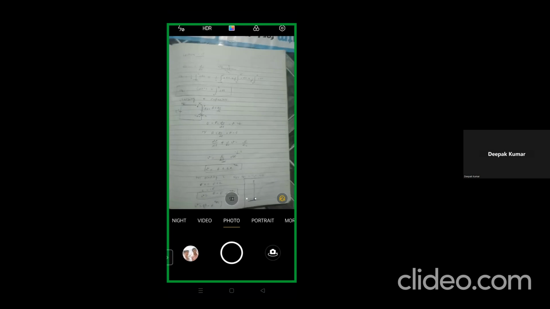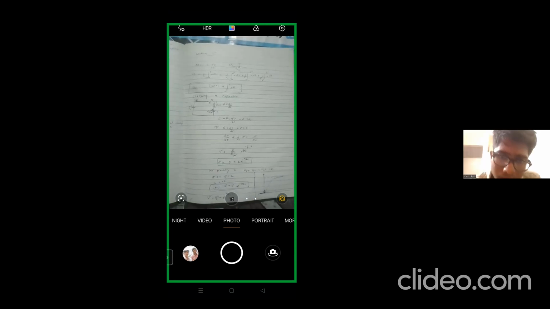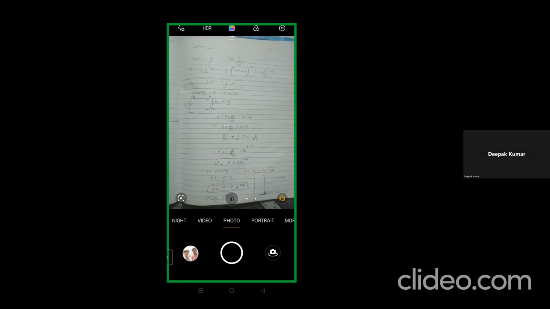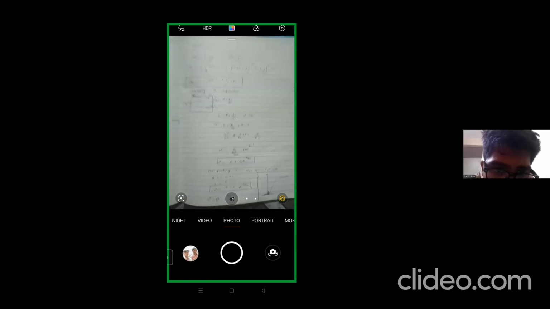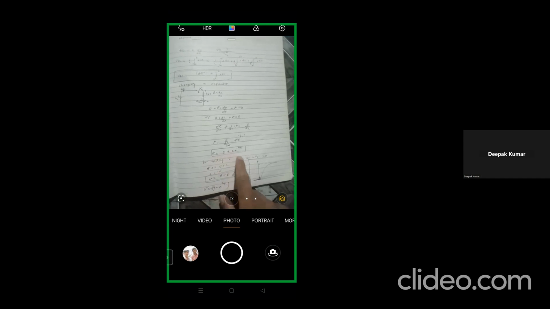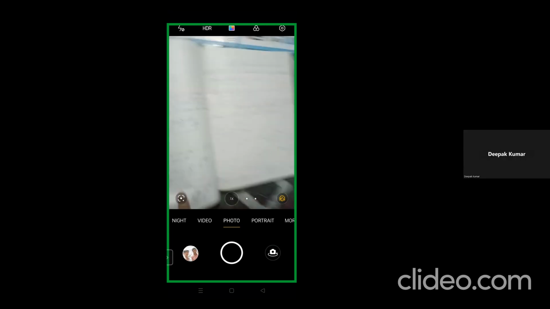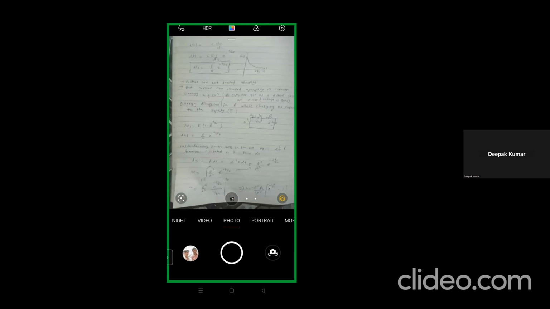Sir, this is lecture number 15 of this course. This is the circuit containing one resistor, one capacitor, and one source E. This is the expression of voltage V across the capacitor, and here is the current i(t).